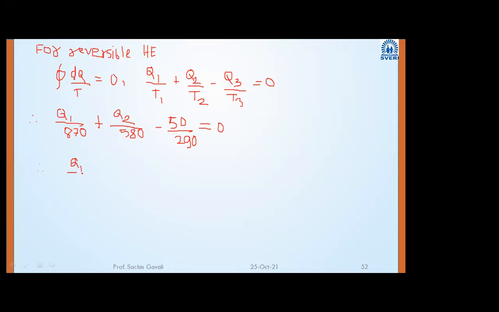multiply केलं तर काय येते, Q1 divided by... दोन्ही साइडला 290 मल्टिप्लाय करायचं, जे डिवाइड बाय 3, 29 सपोर्ट 29, 29 ओके, प्लस Q2 डिवाइड बाय 2 इज इक्वल टू. हे 50 इकडे आपण ट्रान्सफर केलं तर काय होईल, 290 ने मल्टिप्लाय केलं तर फक्त 50 राहील.